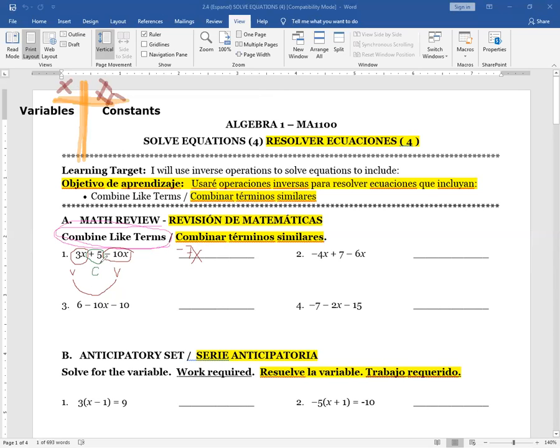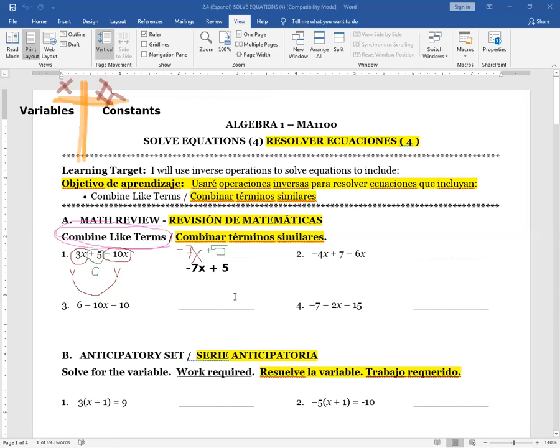And then what's our constant? The 5. Right, the positive 5. So our answer to this question is going to be negative 7x plus 5.